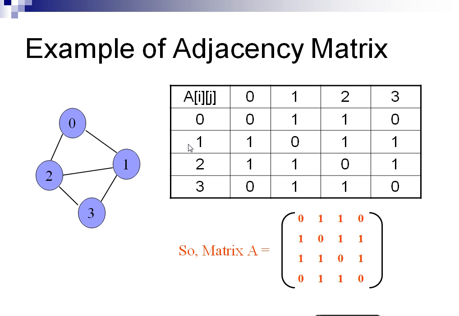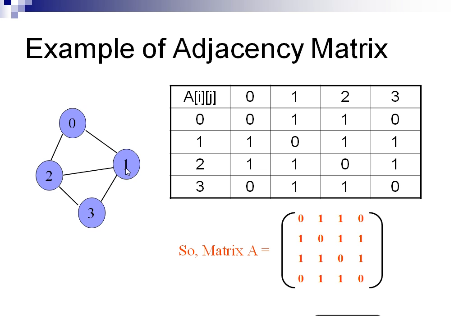Now moving towards the next node in the graph, that is node 1, we explore all the edges and represent it as 1 if there exists an edge to another node. So from node 1 we are having a connection to node 0 through an edge, so we wrote it as 1. From 1 to 1 there doesn't have any edge, so we represent it as 0.